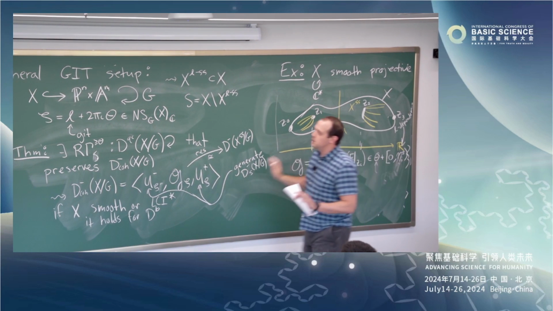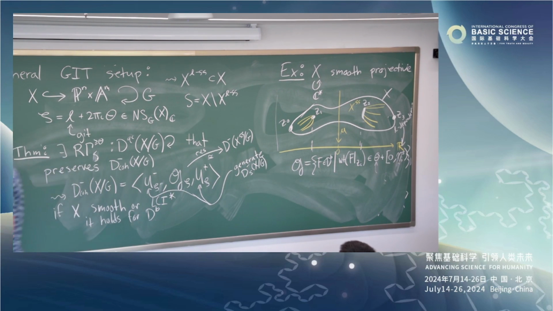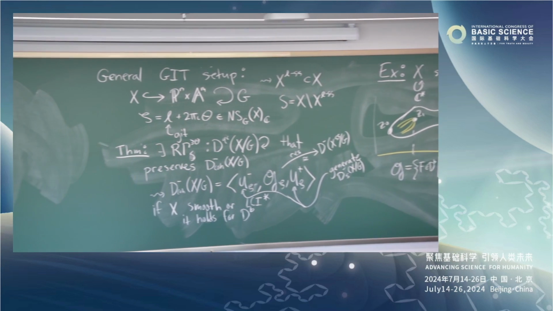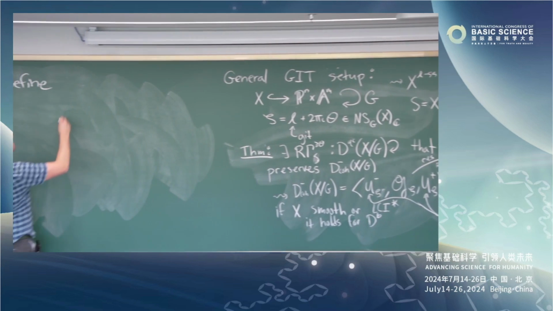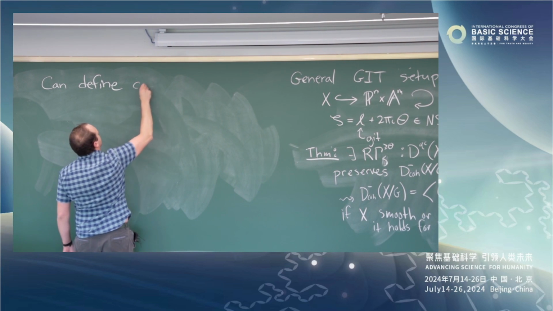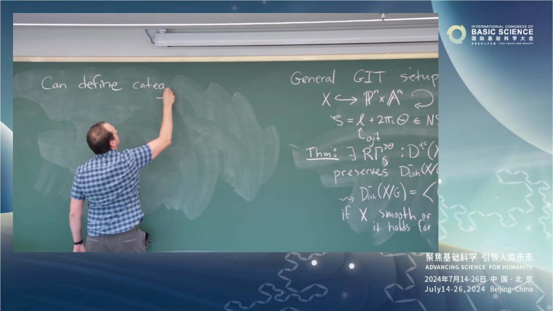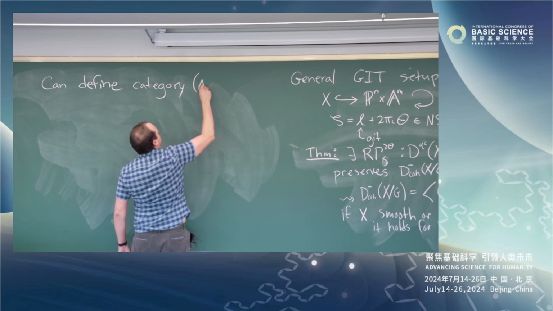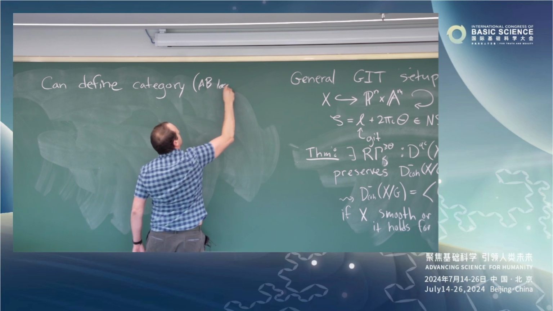So one thing you can do, which is like a categorical analog of the Atiyah-Bott localization theorem, is you can define a category. You can think of this as Atiyah-Bott localization.